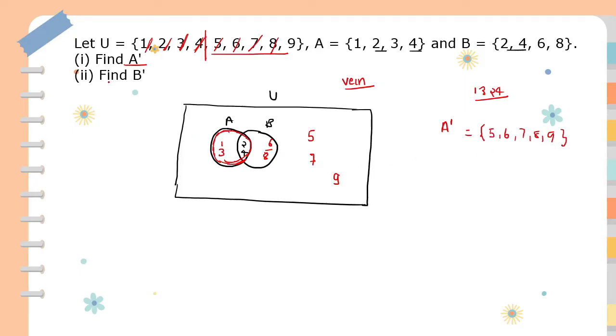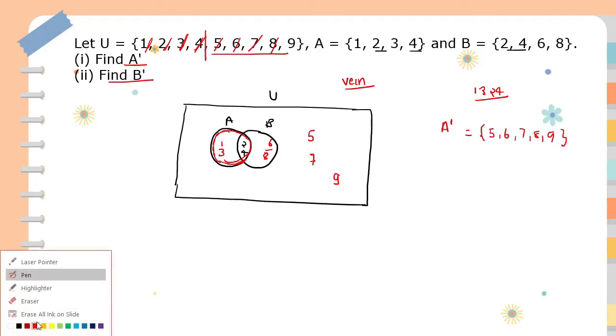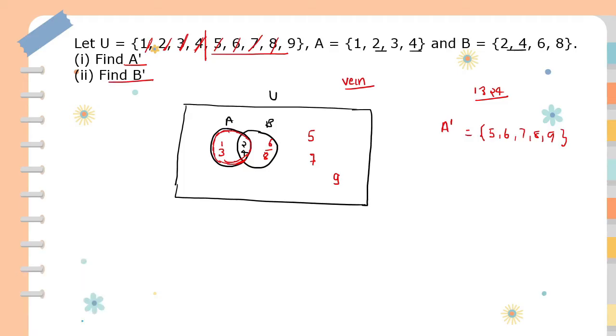So now we are moving to find b dash. So b complement means excluding b, so we will remove 2 4 6 8 from the universal set.